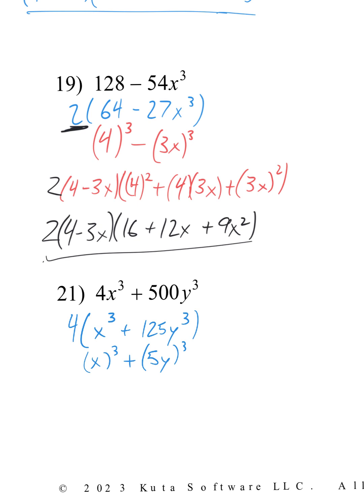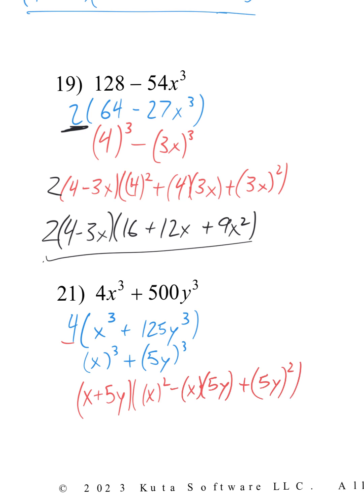So let's apply our formula to this piece, and don't forget to keep bringing this 4 down with us. So here we go, x plus 5y, x squared, minus, remember the sign is always the opposite, we've got x times 5y, and again, I'm just using parentheses to make sure I don't make any mistakes, plus 5y squared.